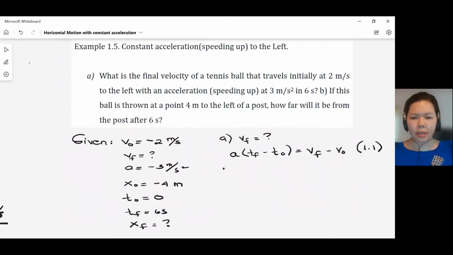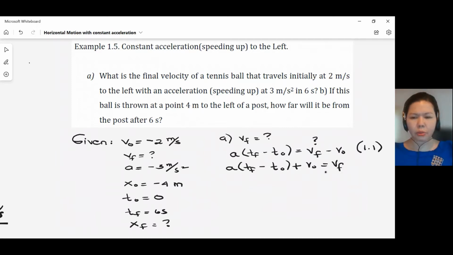And then we transpose the negative V O to the left, it becomes positive V O. So we have A times T F minus T O, then negative V O becomes plus V O equals V final.